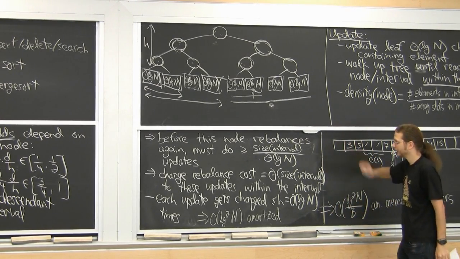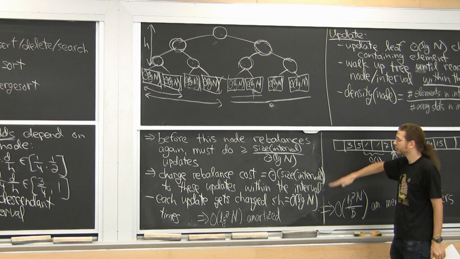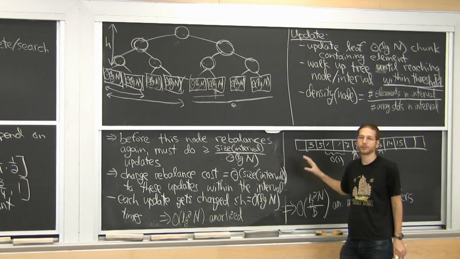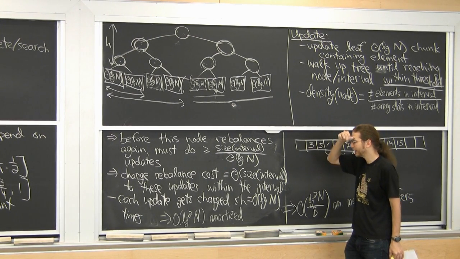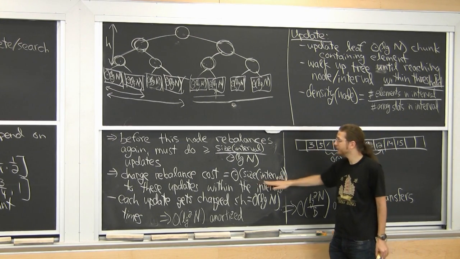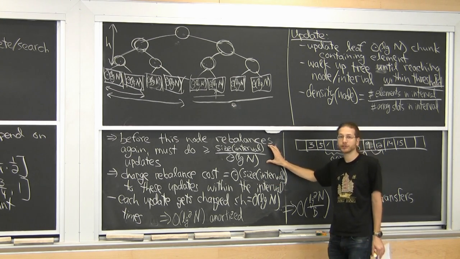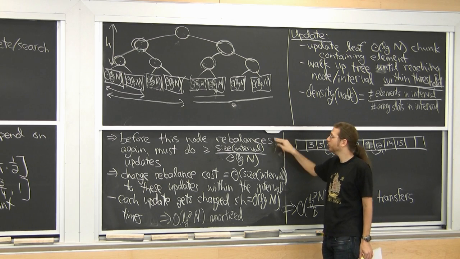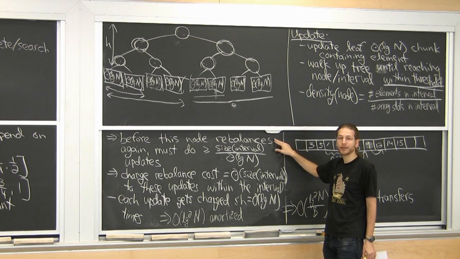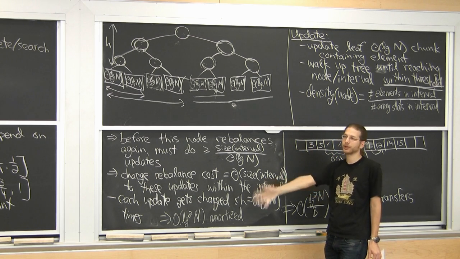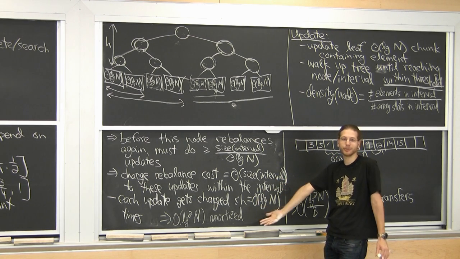Yeah, so let me explain it again. So when we do rebalance of an interval, the cost is the size of the interval, right? We're trying to analyze what is the size of the interval, prove that it's log squared n. So we have this cost of size of interval. We're charging it to the items which just got inserted or deleted into that interval, before this node rebalances again. We can afford to rebalance every node at the beginning.